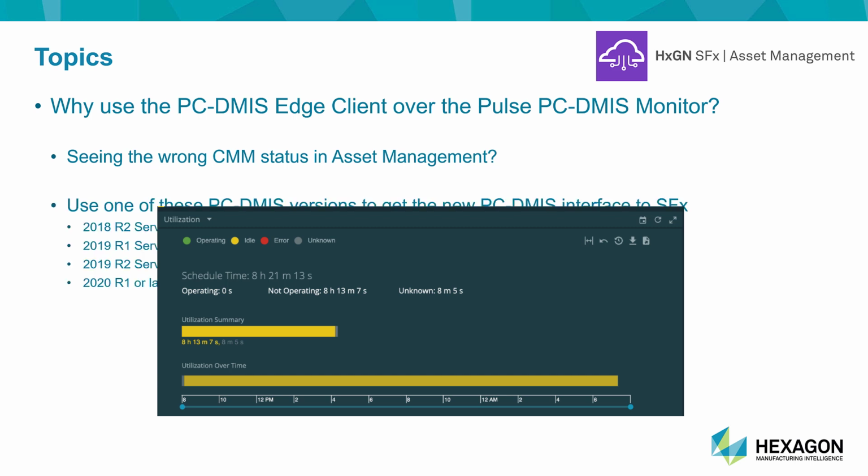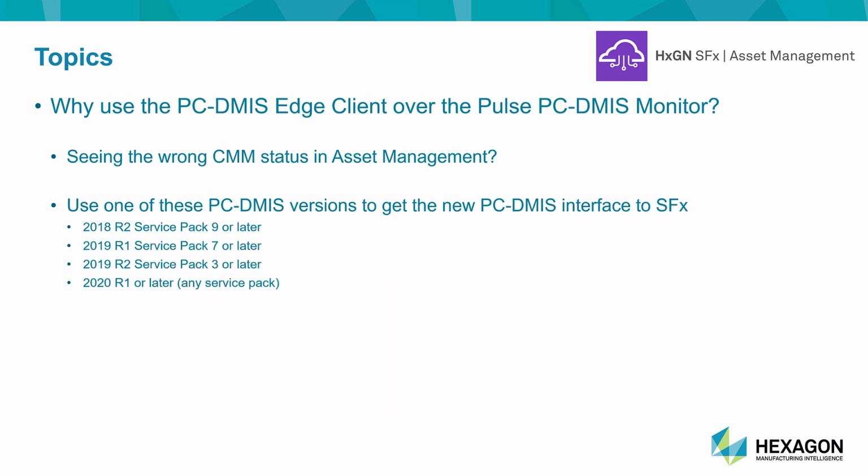But if you're using PC-DMIS 2018 R2 or a later version, you have access to a new PC-DMIS interface for sending CMM status information to your SFx account. It's called the Edge Client, and it's a simpler way to ensure the proper CMM status information is reliably sent to SFx.